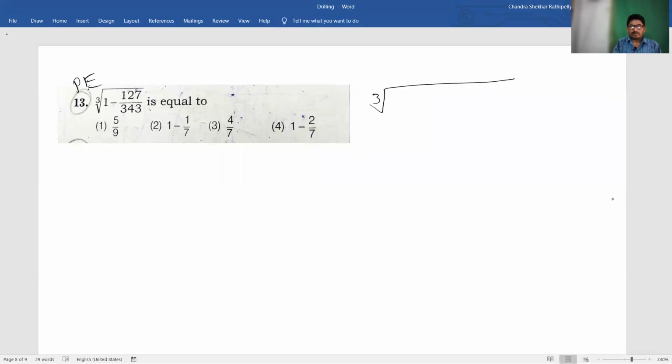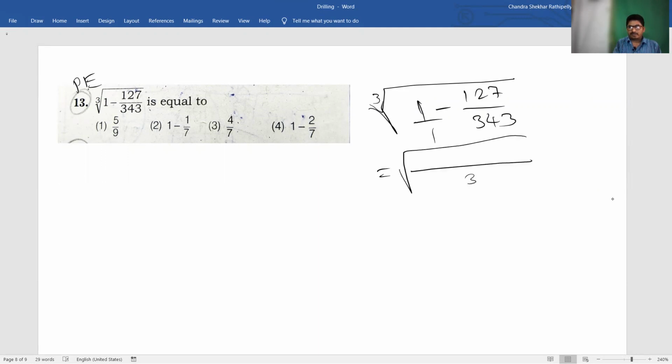Cube root of 1 minus 127 by 343. We have to take the LCM of this denominator. 343 is the LCM. 343 here minus 127.